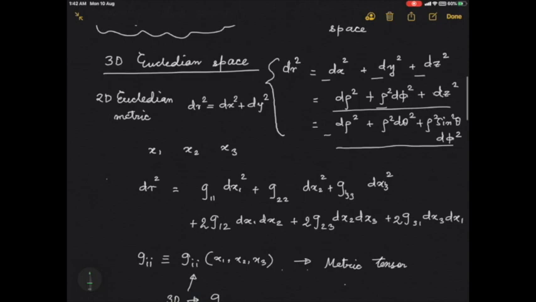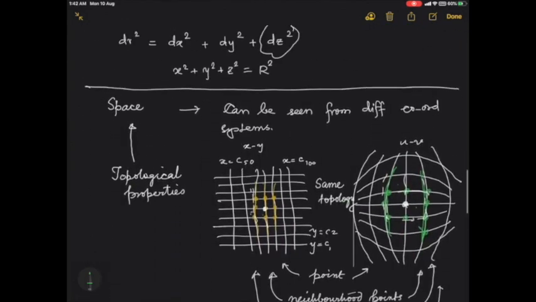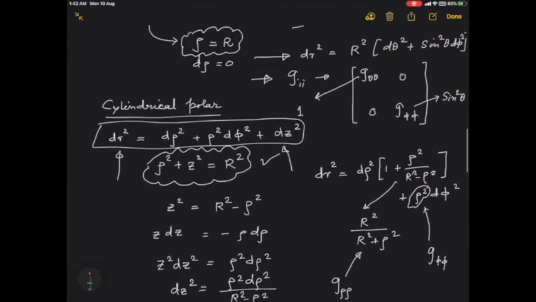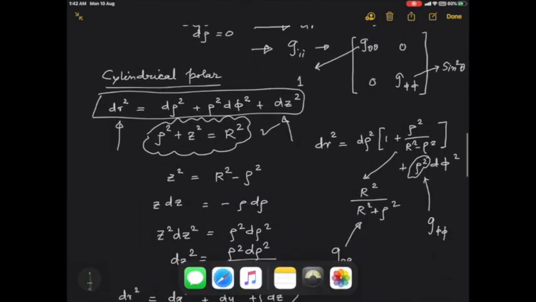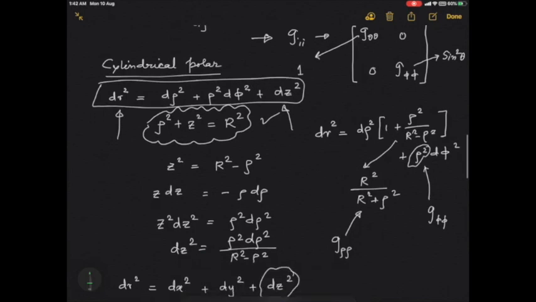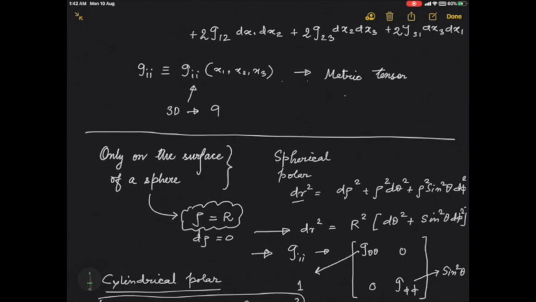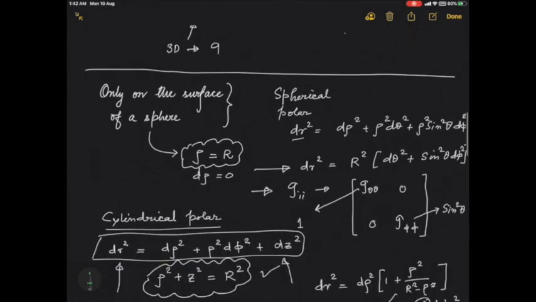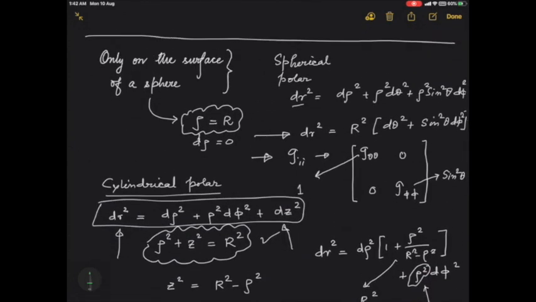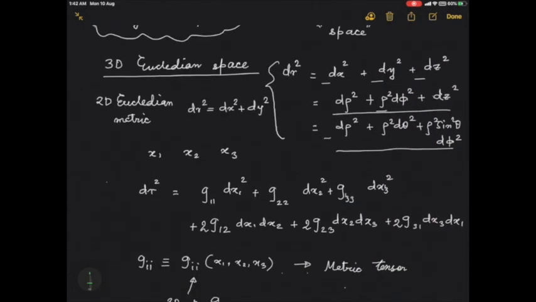Okay, so we learned that we deal with spaces, and the spaces have two different properties that we have learned. One is the metric property, which we discussed here at length, and then we also discussed the topological properties, how to have same and different topology. And I gave you some examples of how the metric is different even if the coordinate systems are the same. If I choose two different spaces, one is the surface of a sphere and the other is 2D Euclidean space.